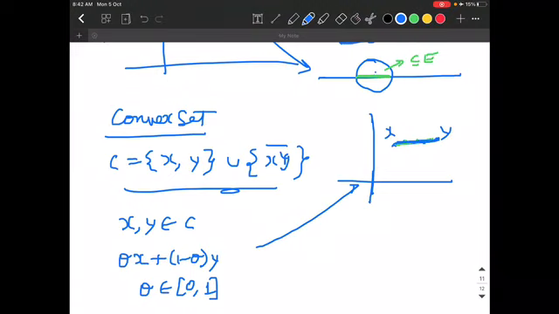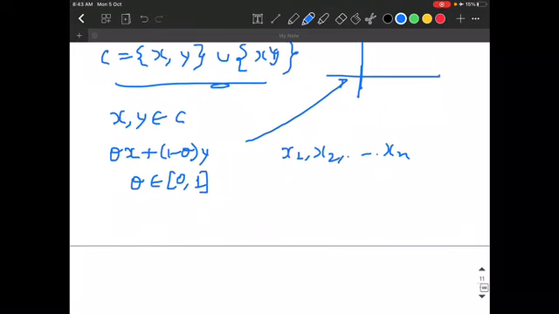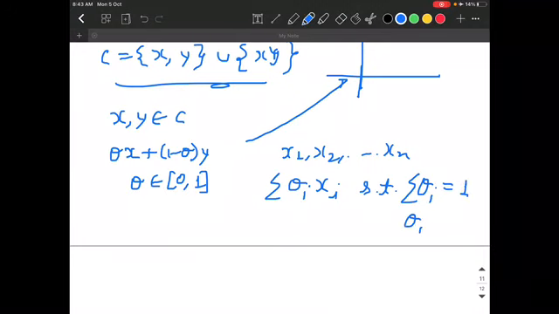For any set of points x1, x2 to xn, the convex combination of these points is given by sigma theta i xi, such that sigma theta i is equal to 1 and theta i is greater than or equal to 0 for all i.